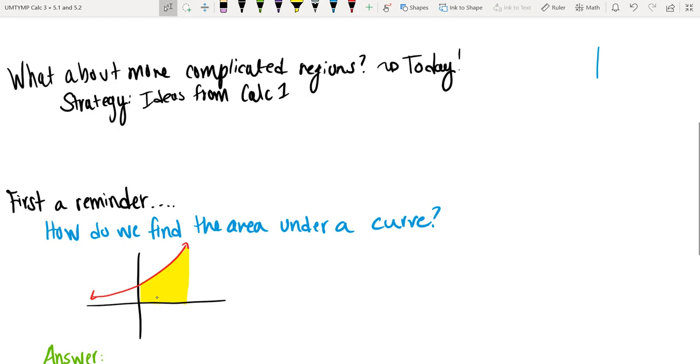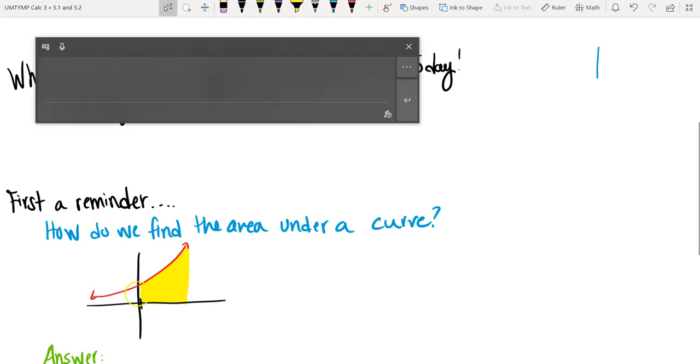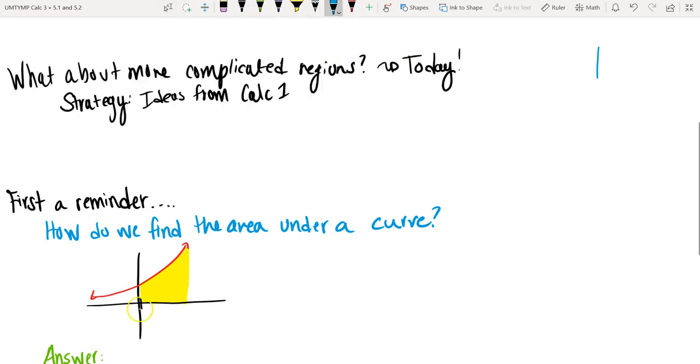That is to say we took the domain that we were on, let's call this a, and let's call this b, and then we split that domain into some number of pieces and created a partition. So we had x0, x1, x2, and so on, up to x_{n-1}, and then we called this x_n.